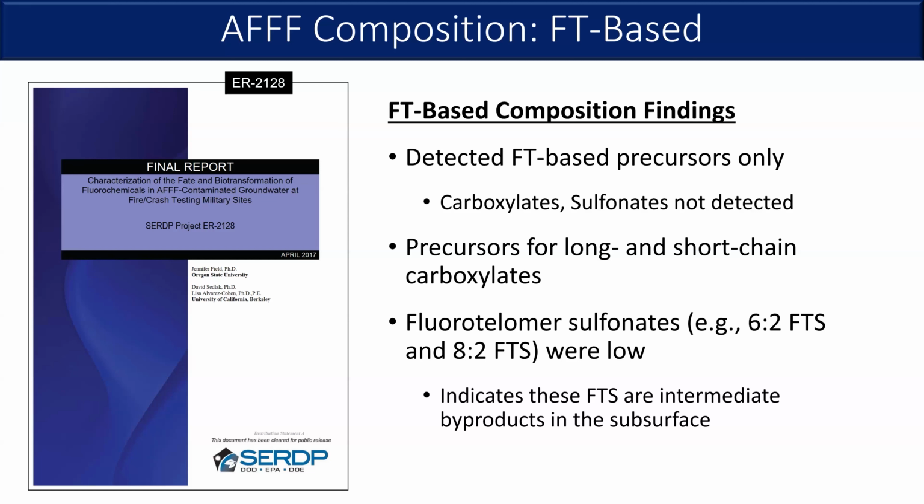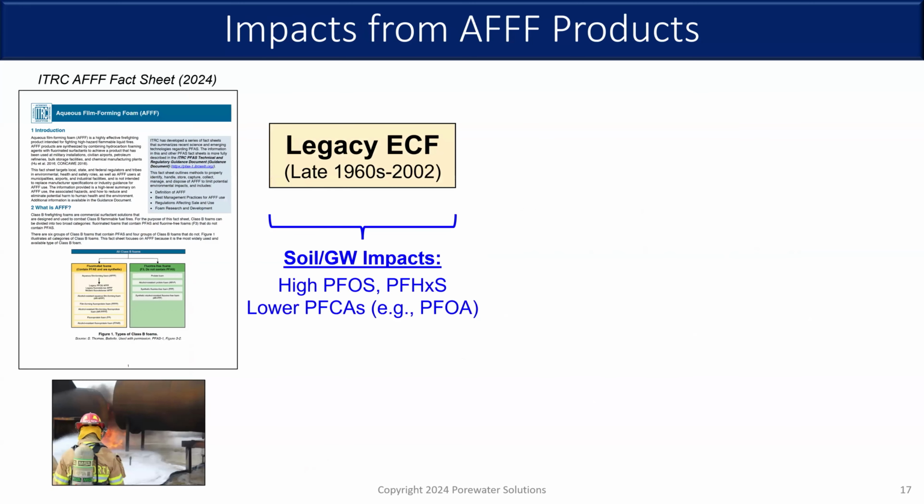But we know biodegradation is happening when the AFFF gets in the ground because of what we're seeing in soil and groundwater. So the bottom line: if you had, let's say, a fire training area and they only used ECF-based AFFF, you'd have high concentrations of PFOS, PFHxS, some PFOA, and some of the other carboxylates, much lower though.